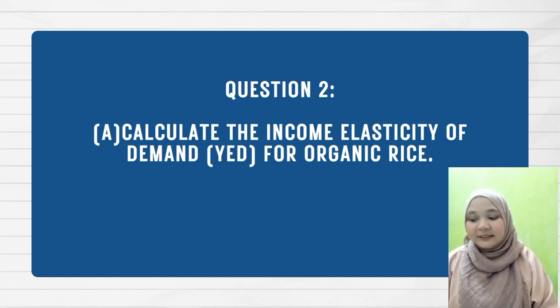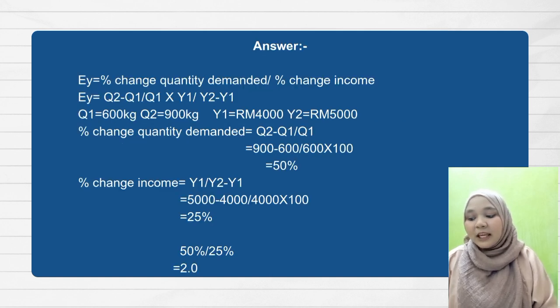So the formula: EY equals percent change in quantity demanded per percent change in income. So first we need to get the percent change of quantity demanded. So it equals Q2 minus Q1 per Q1 multiply 100.